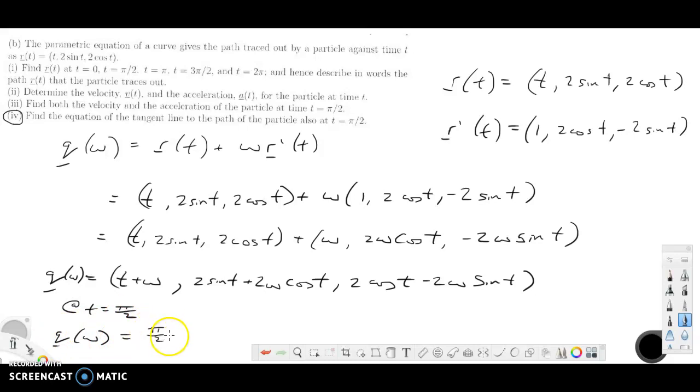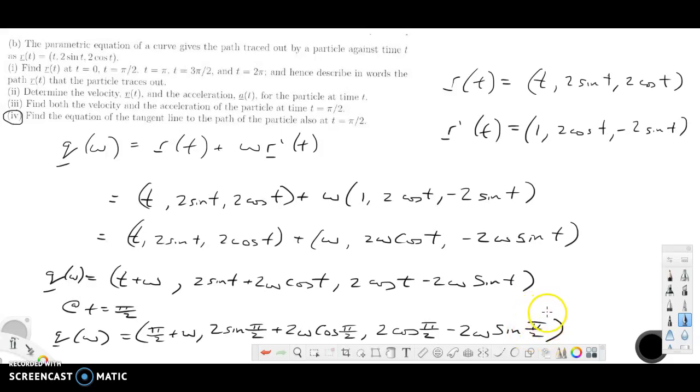this becomes pi over 2 plus omega, comma, 2 sine pi over 2 plus 2 omega times cos pi over 2, comma, then we have 2 cos pi over 2 minus 2 omega times sine pi over 2.